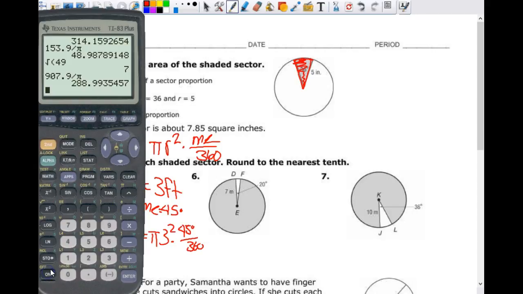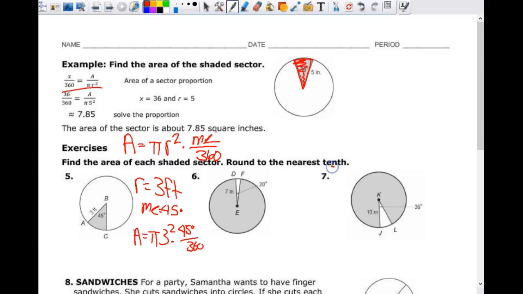Plug into the calculator. Pi times 3 squared times 45 divided by 360. 3.5. It says nearest 10. 3.5 feet squared. That's a really big pizza.